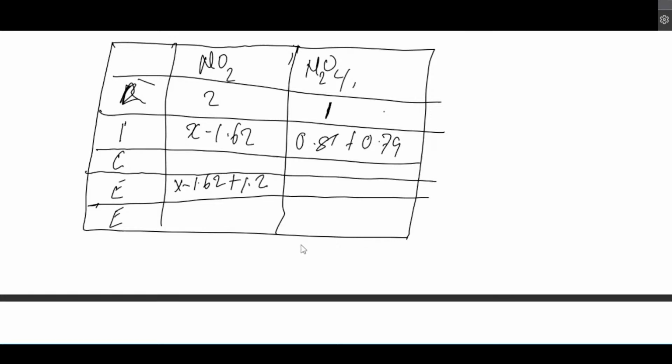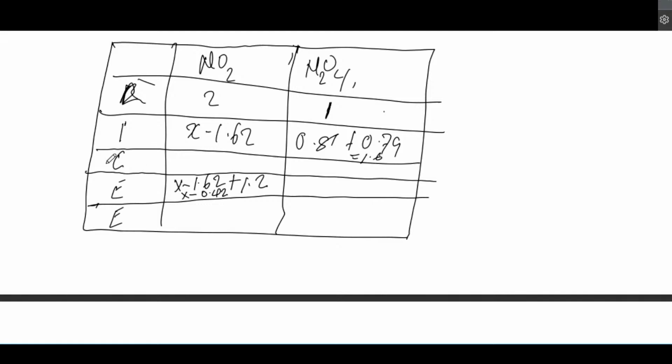So what is the answer here? The answer is going to be x minus 0.42. And then if you add here, the answer is going to be 1.6. Yes, if you add the two.